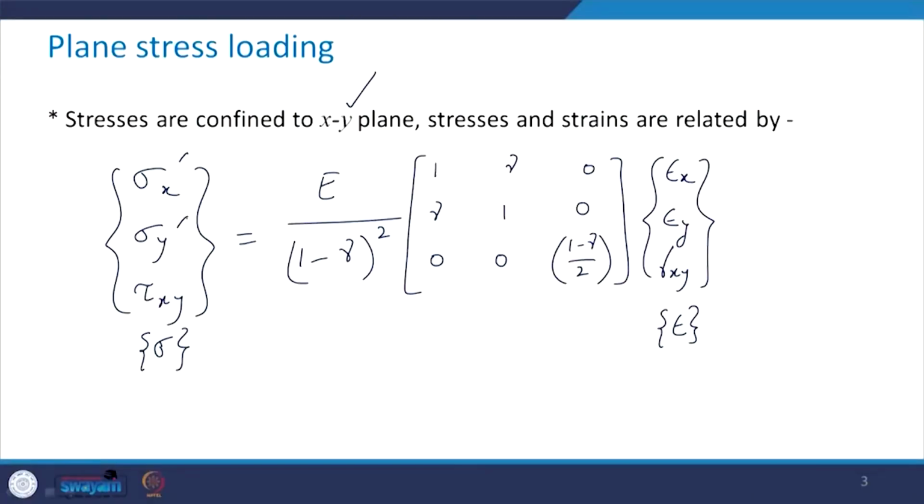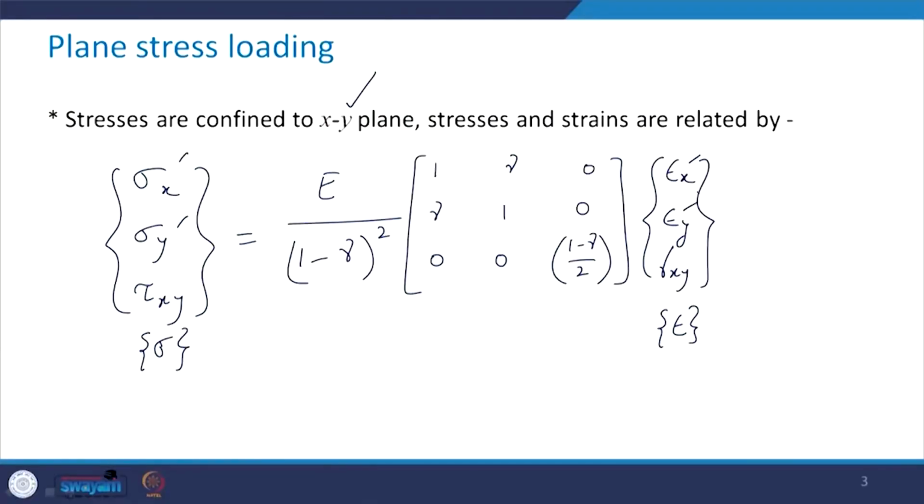Keep in mind that the stresses sigma x and sigma y, these are the normal stresses. Tau xy is the shear stress, while epsilon x and epsilon y, these are normal strains, and gamma xy is the shear strain.